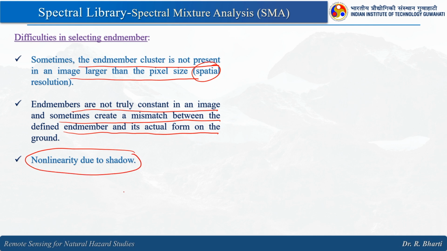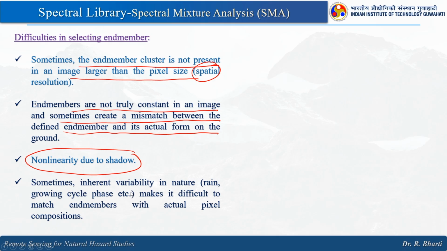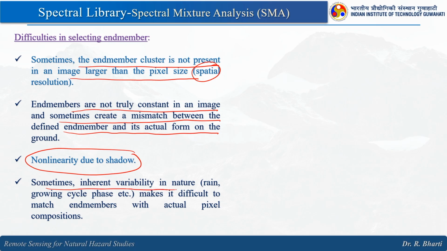Because of this shadow you will have some additional information in this spectra, and that will be confusion while selecting that particular pixel as an end member. Sometimes inherent variability in nature like rain, growing cycle phases, etc. makes it difficult to match end member with actual pixel composition. So, these are some of the practical problems.